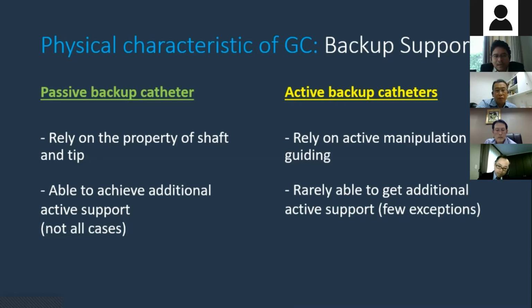Like in a case where you use a big size guiding catheter like 7 French or 8 French, I think it's not safe to do the deep seat of the guiding catheter like this case. But if you use the active backup catheter, you are never able to get additional passive support. Sorry, it's my mistake. You cannot get additional passive support, with only a few exceptions.